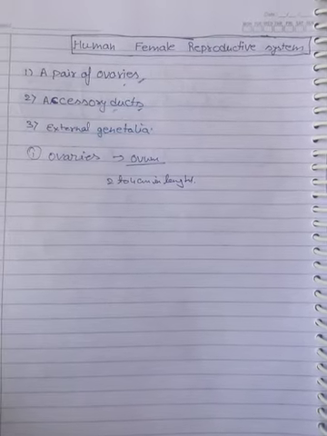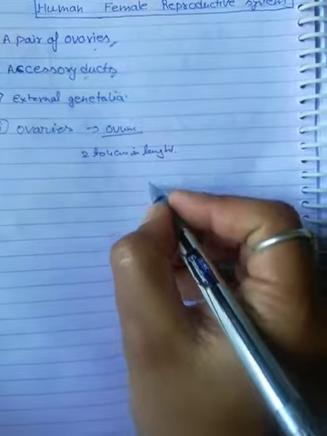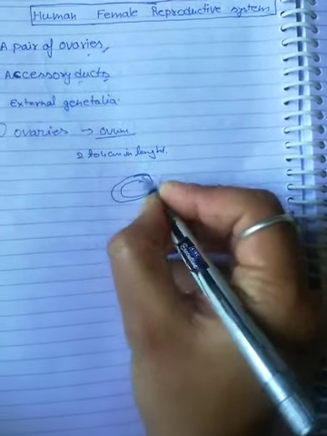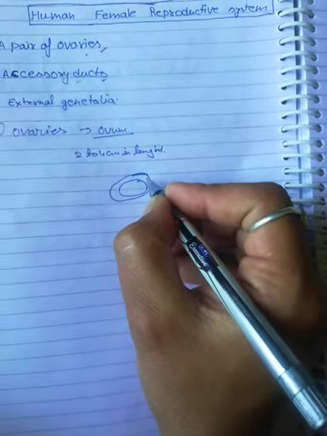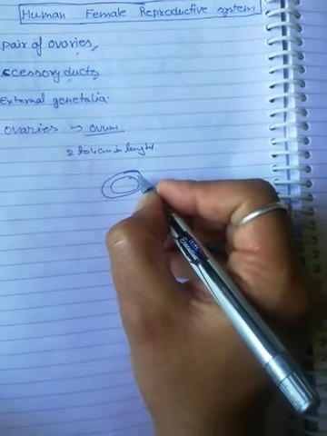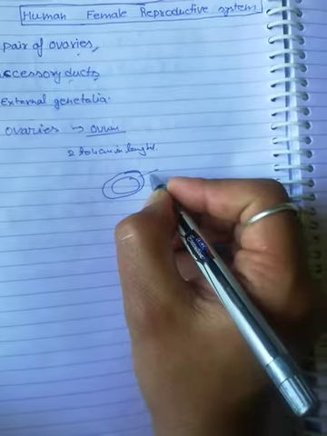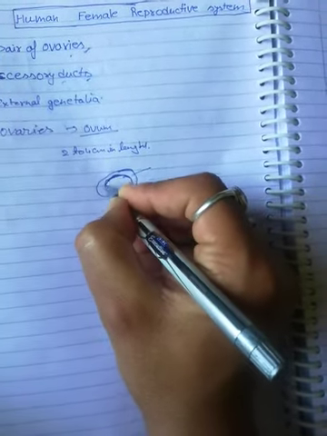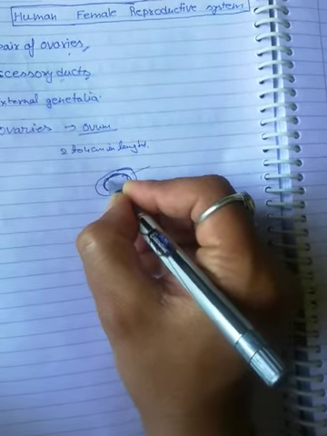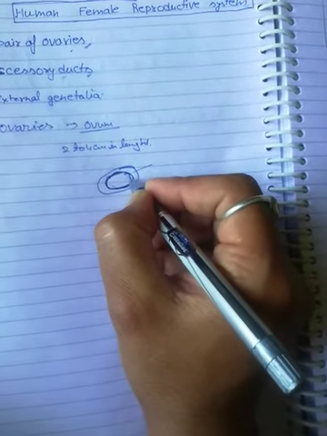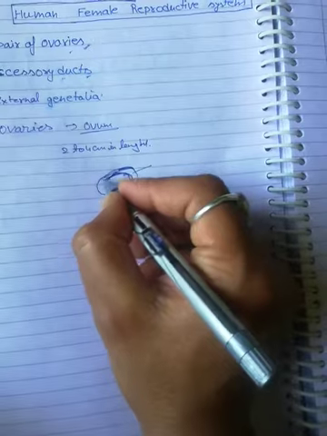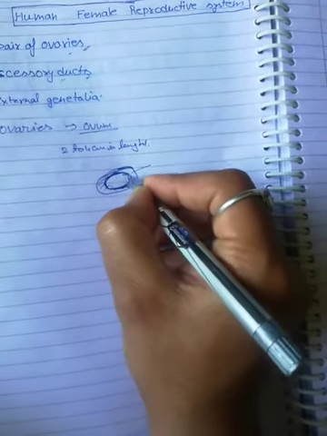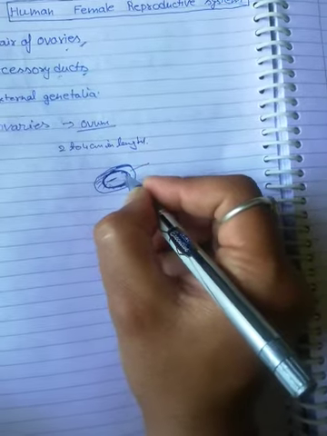Okay. Now if we talk about the ovaries, they are covered with a thin epithelial tissue, which encloses the ovarian stroma. So this is the ovary, and the matter inside the ovary is called ovarian stroma, covered by a thin layer of epithelial tissue. This ovary has two regions, outer region and inner region.